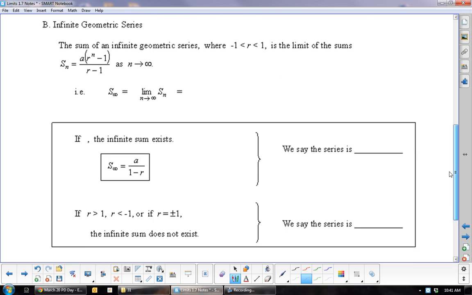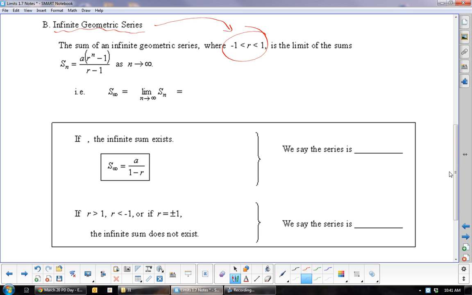Now, infinite geometric series. You can only find an infinite geometric series when r is less than 1 and greater than negative 1. One was like that on your quiz today, the one that went to 0.